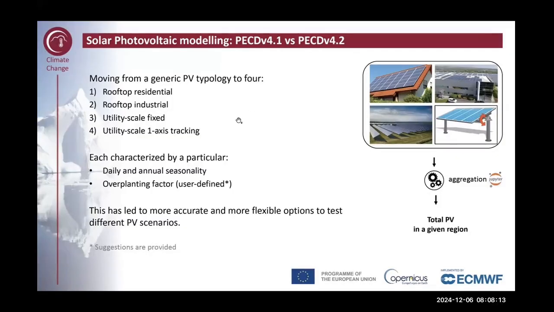Each typology is characterized by a particular daily and annual seasonality and an overplanting factor, which can be user-defined. These updates have led to overall more accurate results as tested over the historical period.